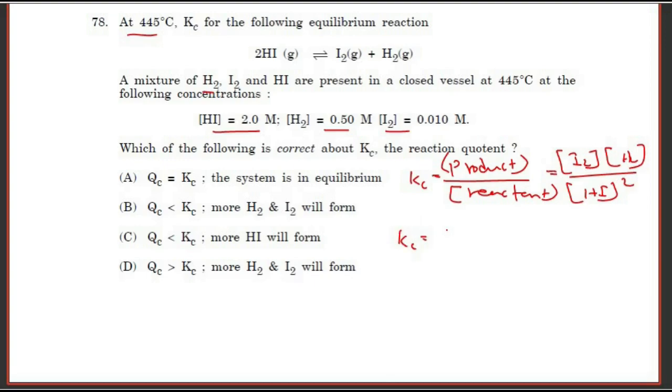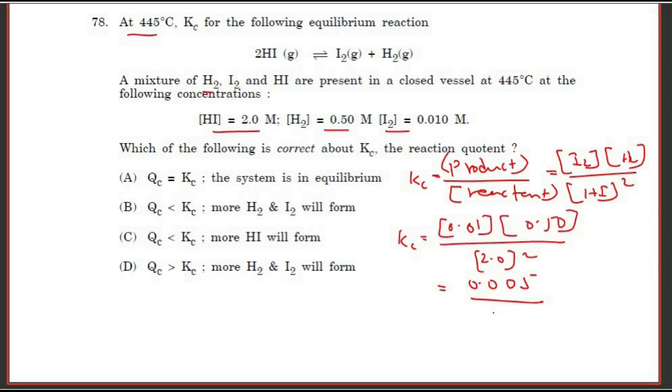Kc equal to 0.005 divided by 4. In this question, actually this question was a wrong question. No answer matches with this, but here Qc will be equal to Kc because it is an equilibrium reaction.